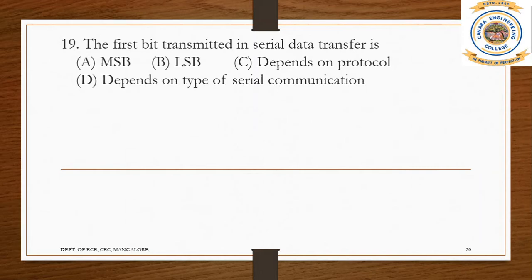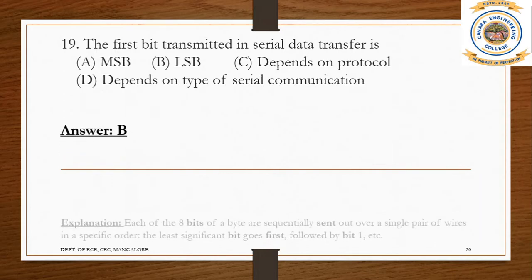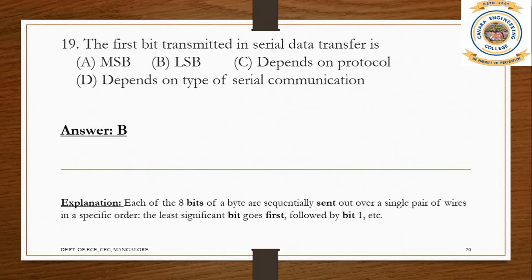So based on that, I will not go in detail, but you should know that serial data communications are classified based on protocols as well as based on the way it communicates. So whether the first bit transmitted depends upon all that, or can I say directly MSB or LSB is the question. So answer is LSB, that is least significant bit.